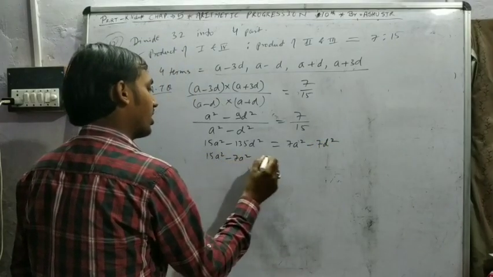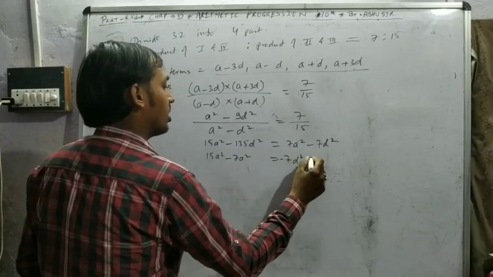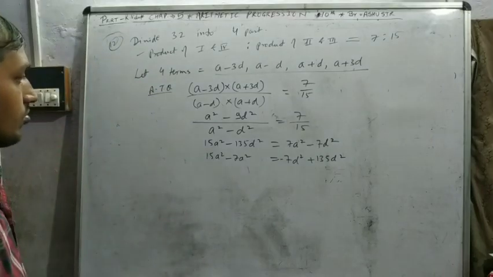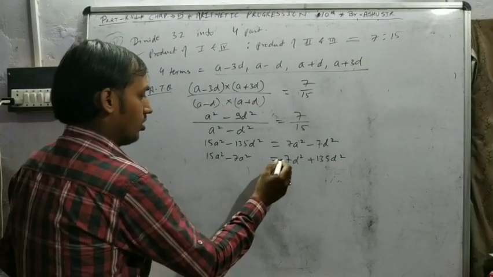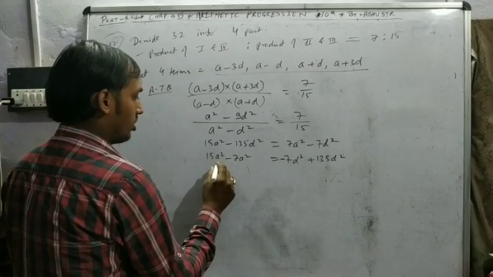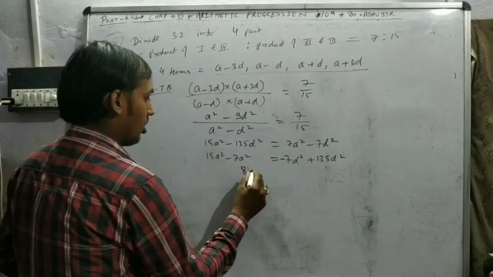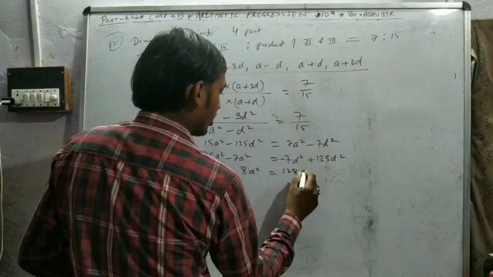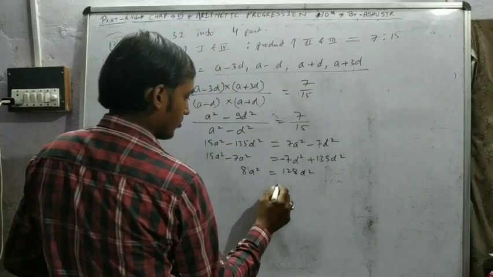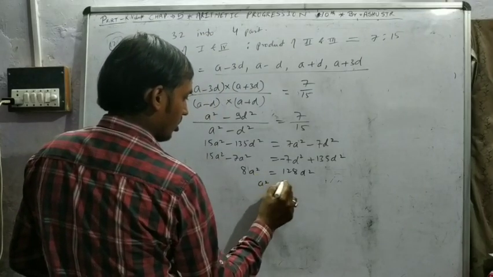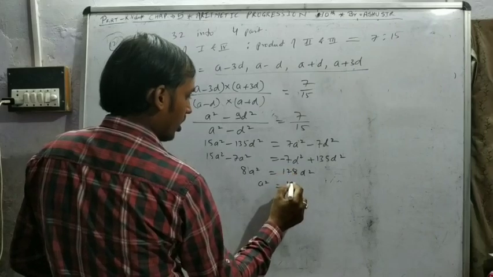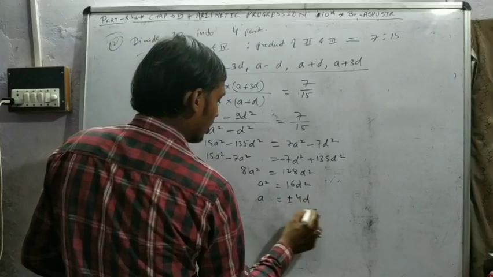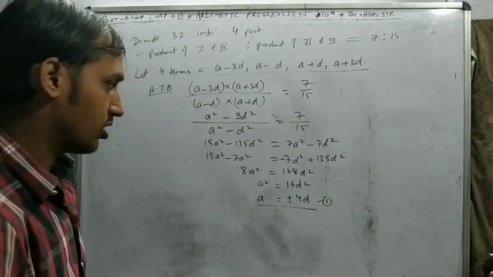So 15a square minus 7a square equals 135d square minus 7d square, that's 8a square equals 128d square. 8 ones are 8, 8 sixteens are 128, so a is equal to plus minus 4d. That's the first condition.